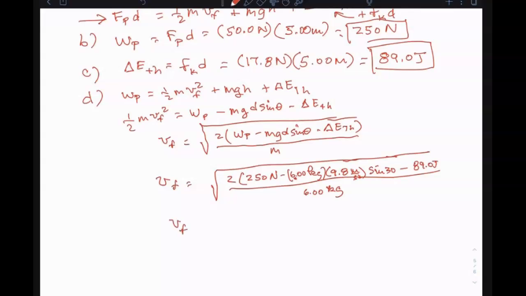We put that in our calculator and we get 2.16 meters per second.